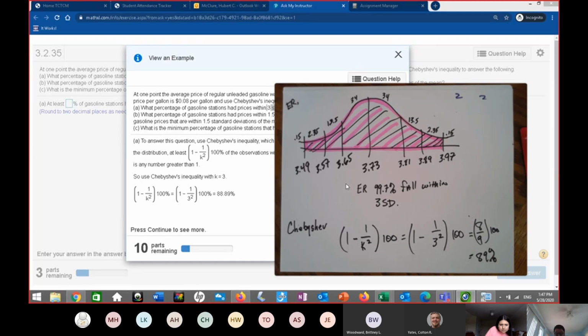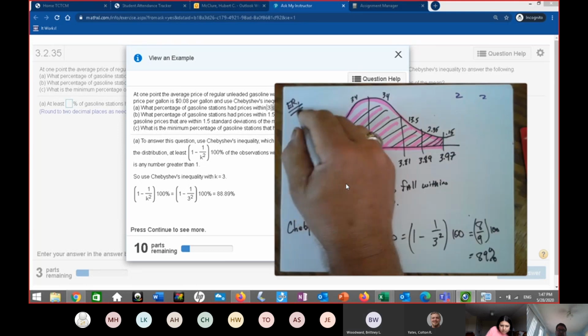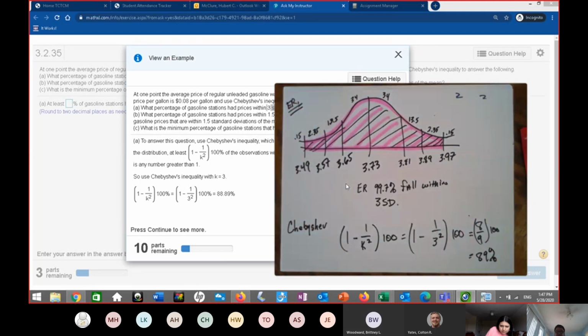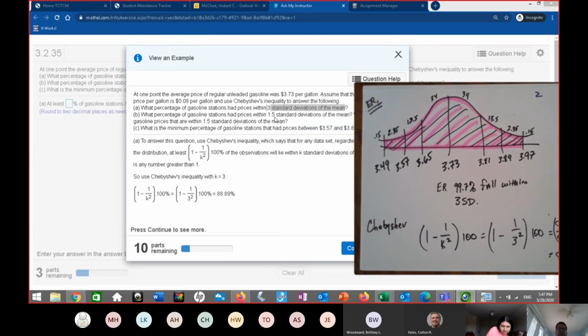All I got to tell y'all is if you go into any probability and statistics course, in a later 300 or 400 level, you're going to be using the empirical rule. So what if it asks the next question, 1.5 standard deviations?